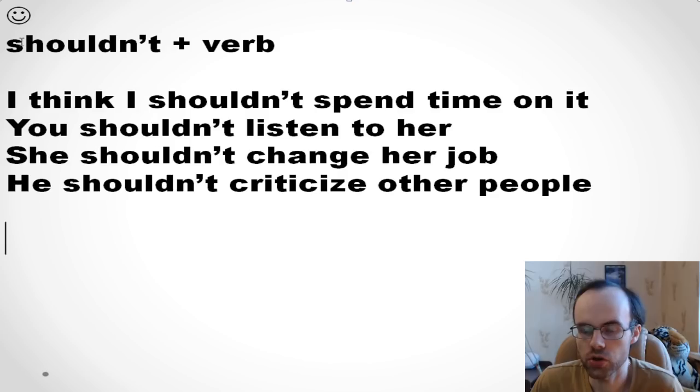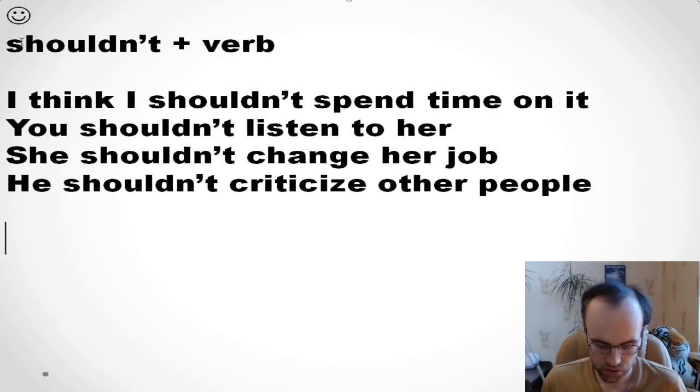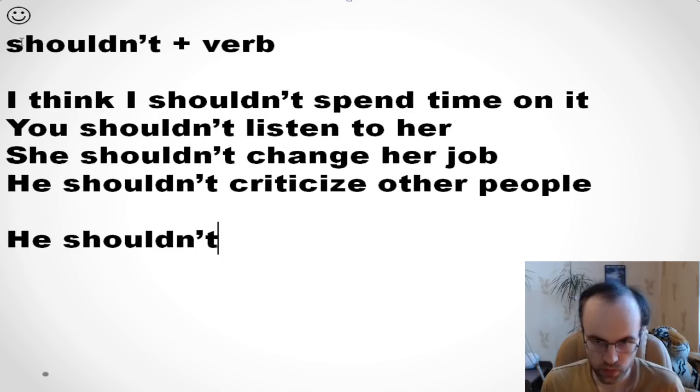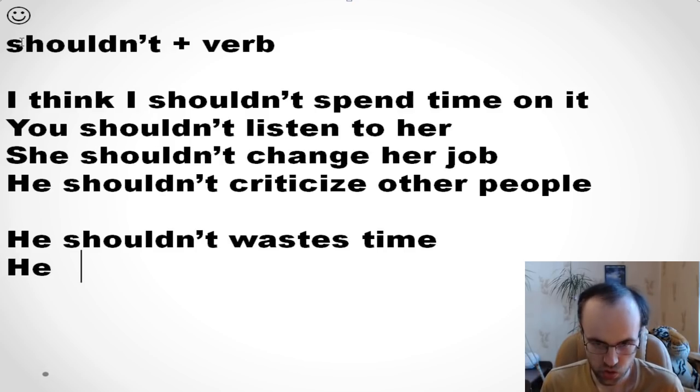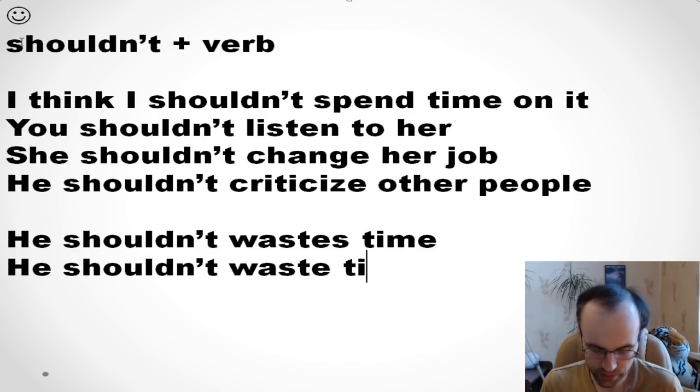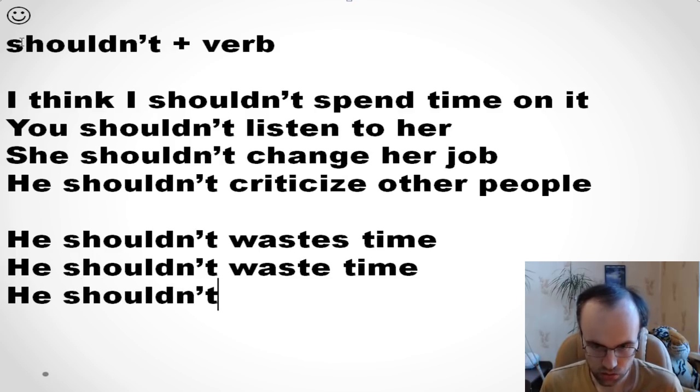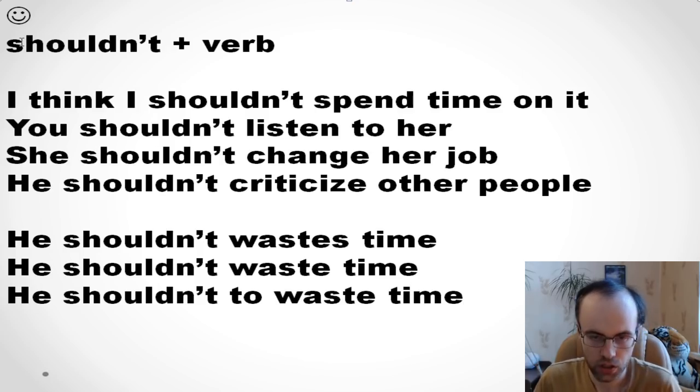Okay, so shouldn't plus verb without s and without to. Okay, so he shouldn't wastes time, or he shouldn't waste time, or he shouldn't to waste time. Okay, which sentence is correct?